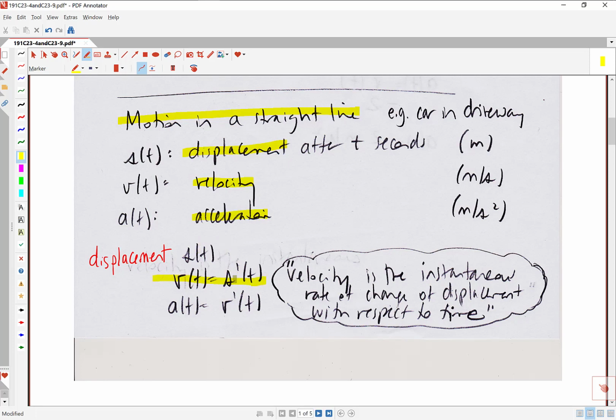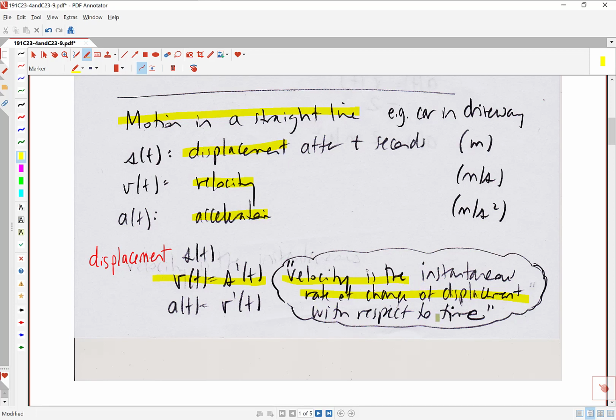So take the derivative of displacement and you get the velocity. If we say this in words, conceptually what we're saying is that velocity is the instantaneous rate of change of displacement with respect to time. Or more briefly, you could just say velocity is the rate of change of displacement. It's implied in calculus that we're talking about instantaneous rate of change, meaning rate of change at a moment.